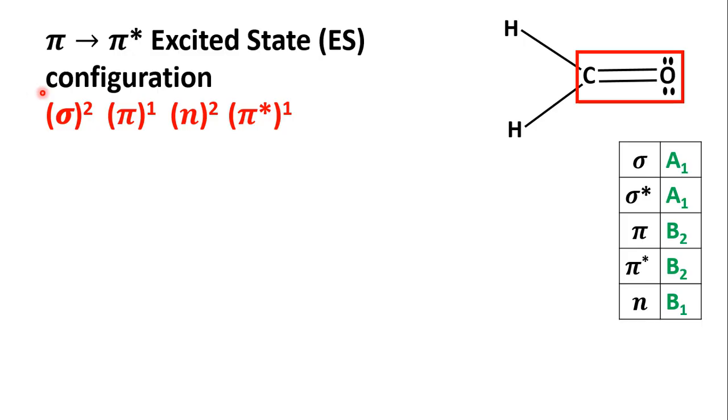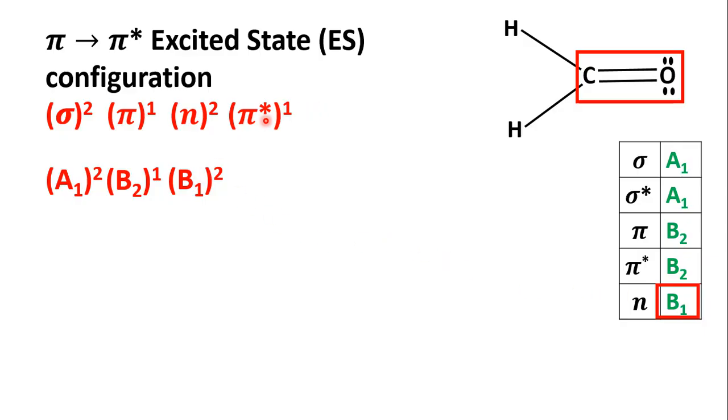Now we come to pi to pi star. That is, the 2 electrons present in the sigma molecular orbital are present as usual, and the 2 electrons present in the non-bonding molecular orbital are present as usual. But 1 electron which is present in the pi molecular orbital has moved to the antibonding pi star molecular orbital. That is what is known as pi to pi star. The symmetry corresponding to sigma is A1. The symmetry corresponding to pi is B2. The symmetry corresponding to the non-bonding orbital is B1.